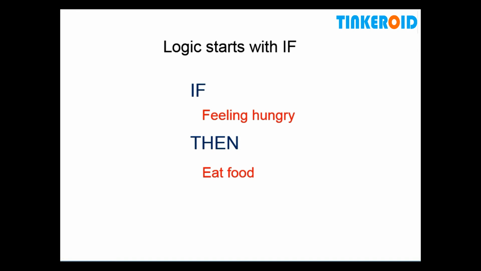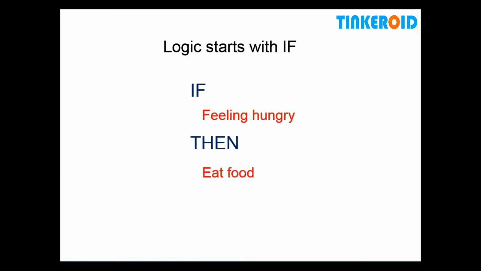Let's start with a very simple English statement. Let's start the logic with if. Now, if you are feeling hungry, then eat food. Very simply: if feeling hungry, then eat food. Isn't it a very good logical statement?